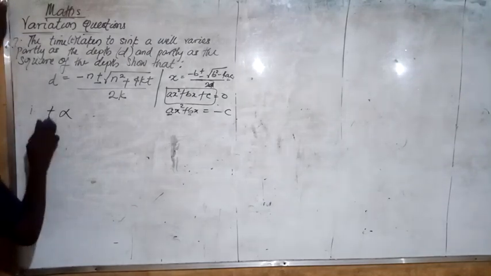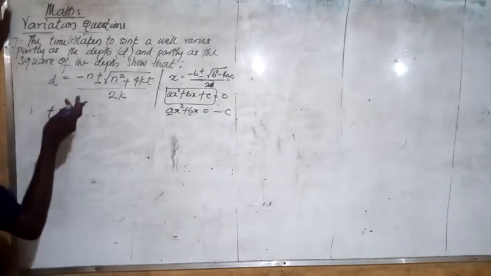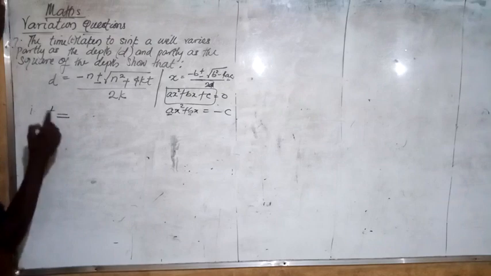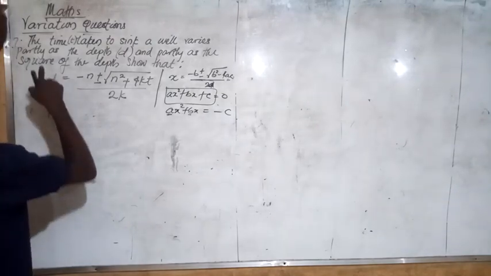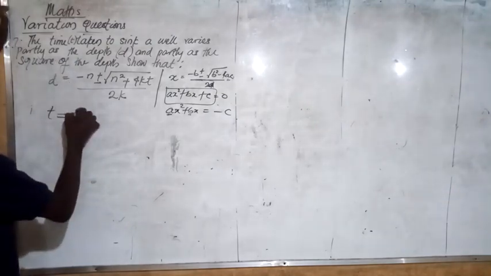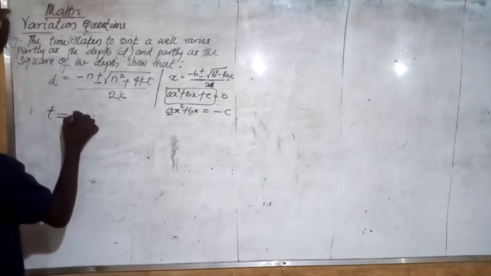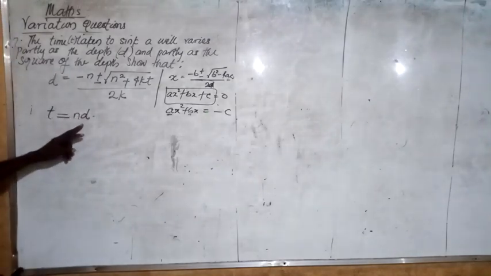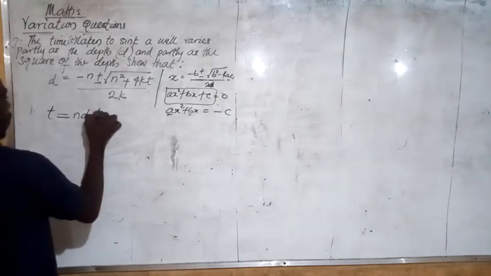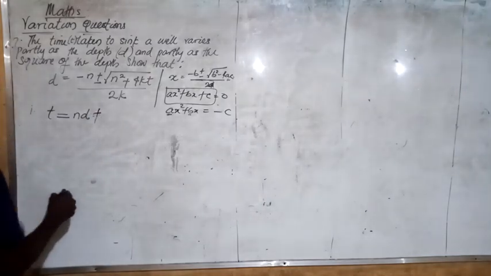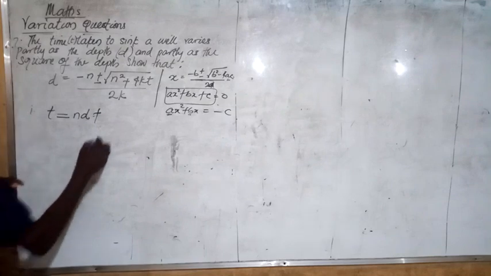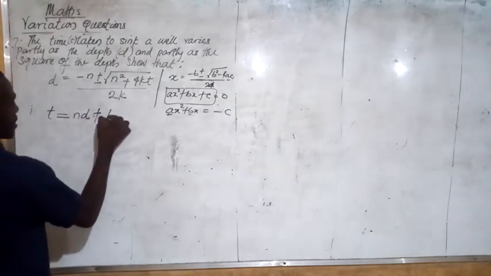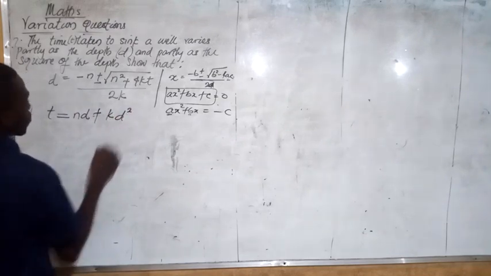It says that it is partial variation, so we can directly write it as: t will be equal to partly as the depth, so it will be nd, since the first constant is n, and plus partly as the square of the depth. So the square of the depth is going to be kd squared.